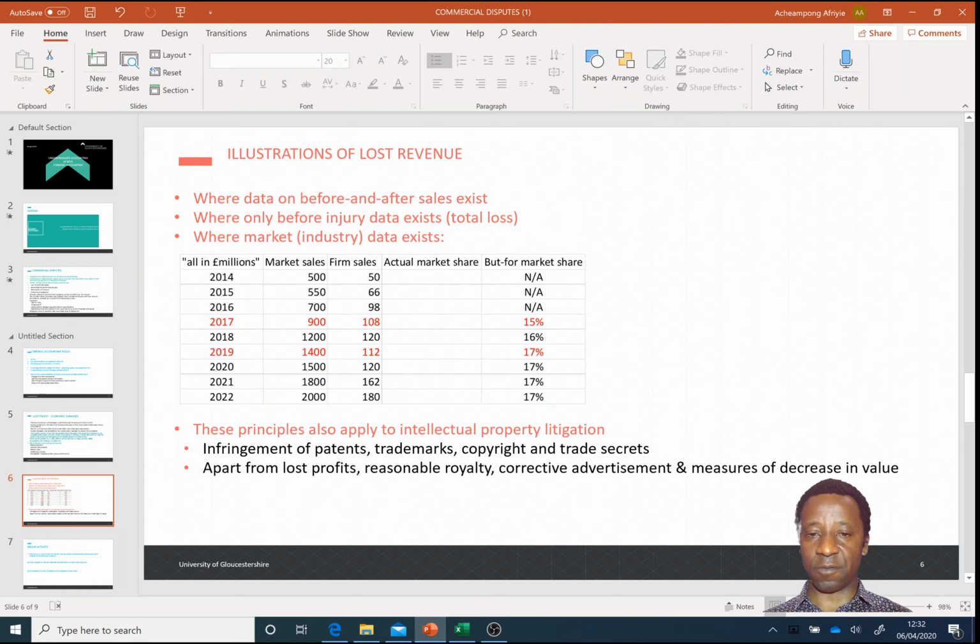If somebody infringed on another party's intellectual property and earned money, then they shouldn't keep that money. There might be a claim, and that claim will lead to various forms of economic loss estimates. Okay, so I think that probably gives you a fair idea, and I would leave it there.